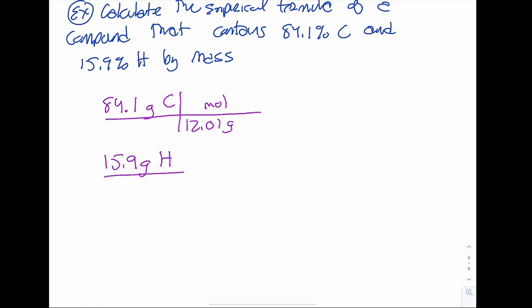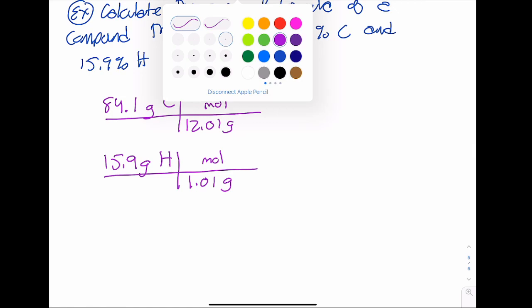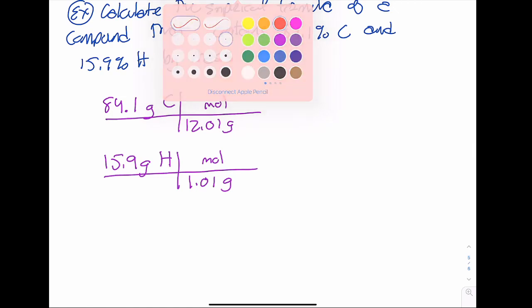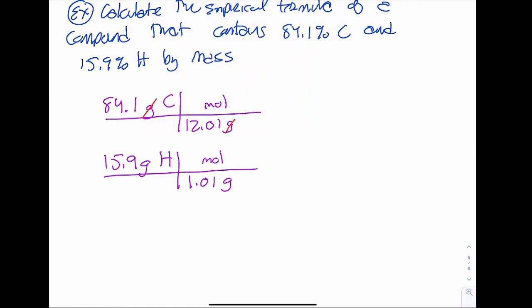Step 2, we're going to convert to moles by dividing through by the molar mass. So again, these are just coming from our periodic table. I do need to divide, right? Because grams are on top. I need them to cancel, and the only way to do that is to have them on the bottom. So my grams are going to go away, and we're going to be left with moles. So grabbing my calculator, 84.1 divided by 12.01.